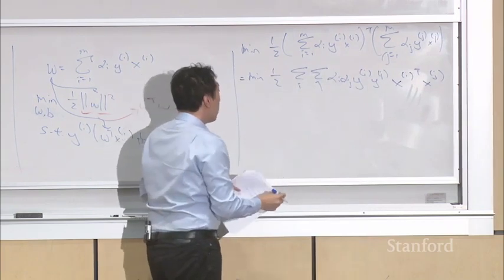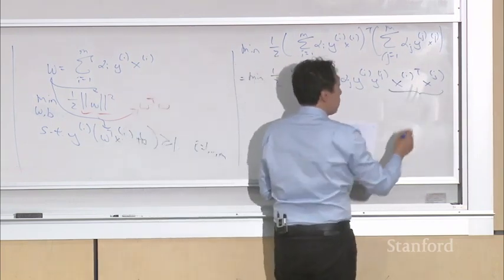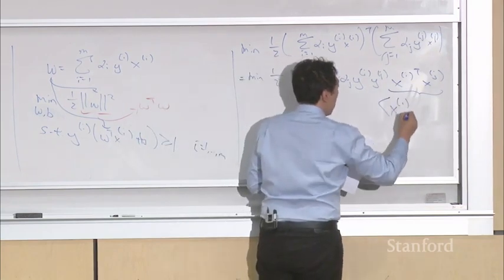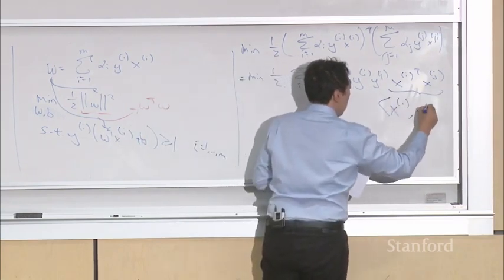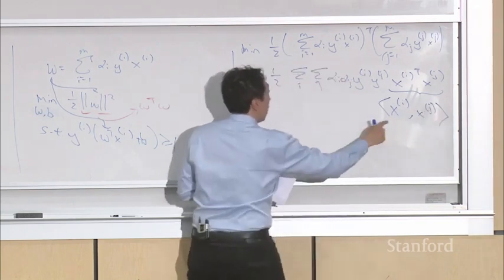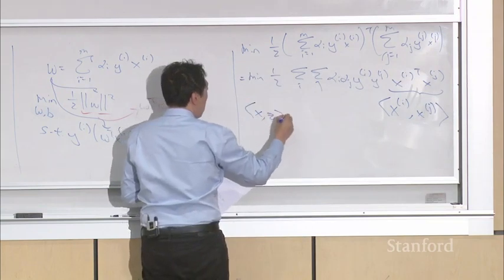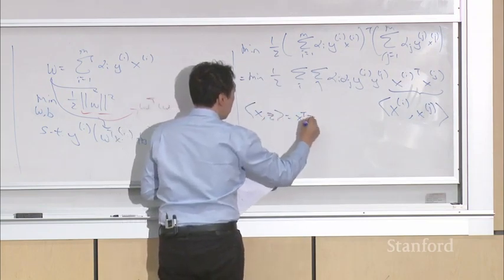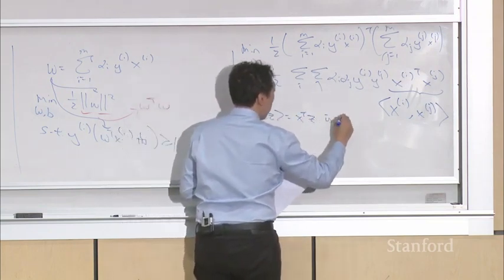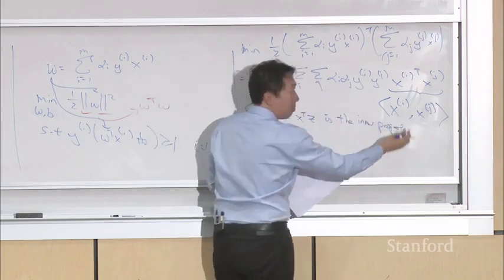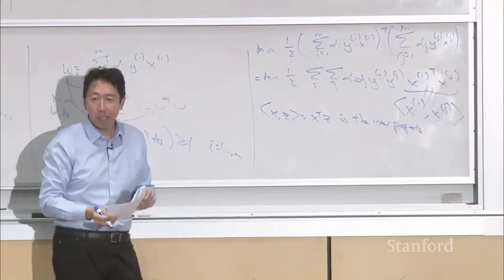This is an inner product between xi and xj, and I'm just going to write it with this notation: angle brackets x comma z equals x transpose z is the inner product between two vectors. This is an alternative notation for writing inner products.